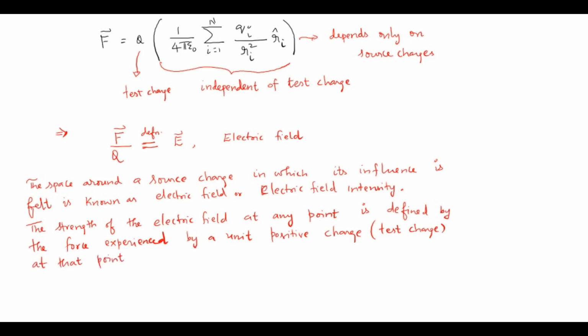Let us say at P here. So this is the definition of electric field, and therefore we can now say that suppose I have only one charge instead of n charges.